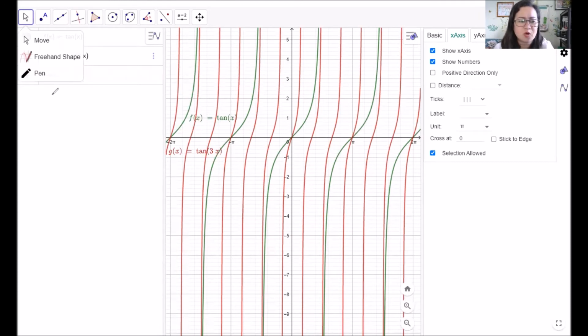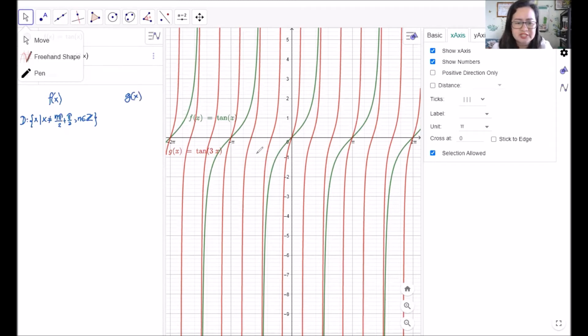Let's recall that if we have f of x, the domain is the set of all x's such that x is not equal to n pi over 2 plus pi over 2, where n is an element of the integers. What about g of x, what will be the domain?